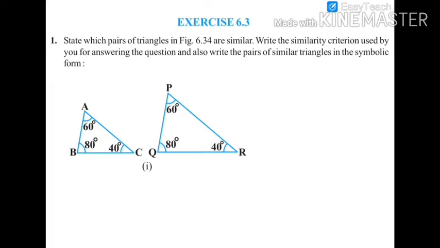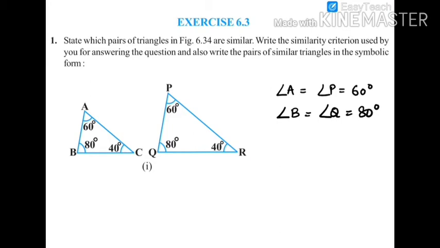Clearly, in these two triangles we can see that the corresponding angles are equal. So, we can say angle A is equal to angle P because each is 60. Angle B is equal to angle Q as each is 80 degrees.